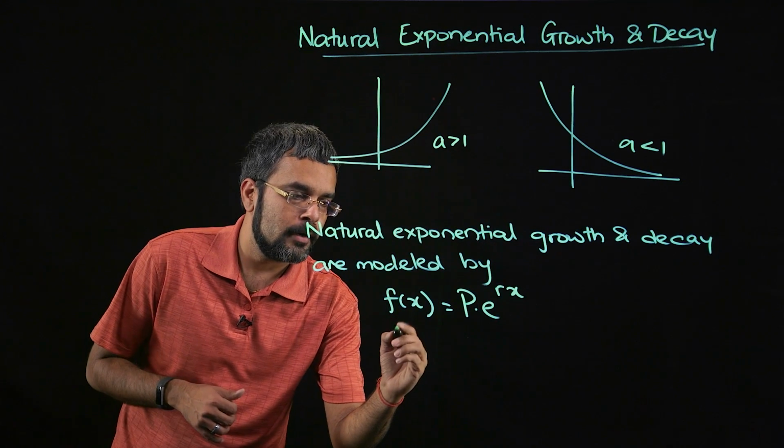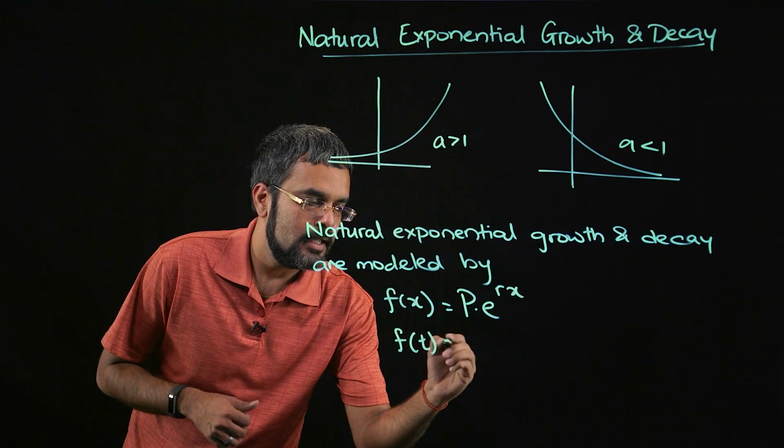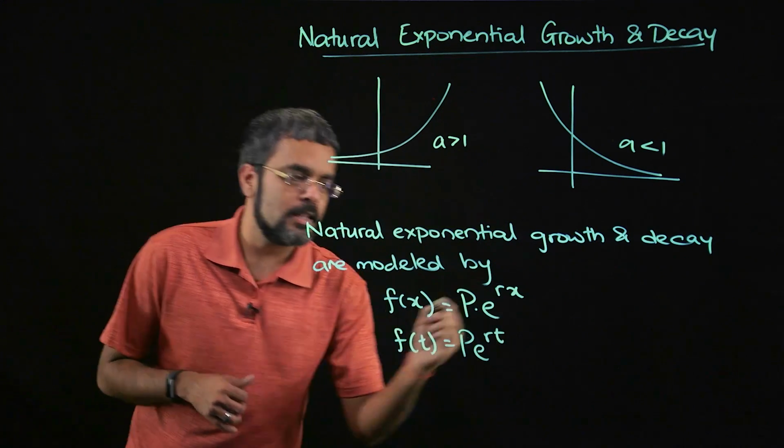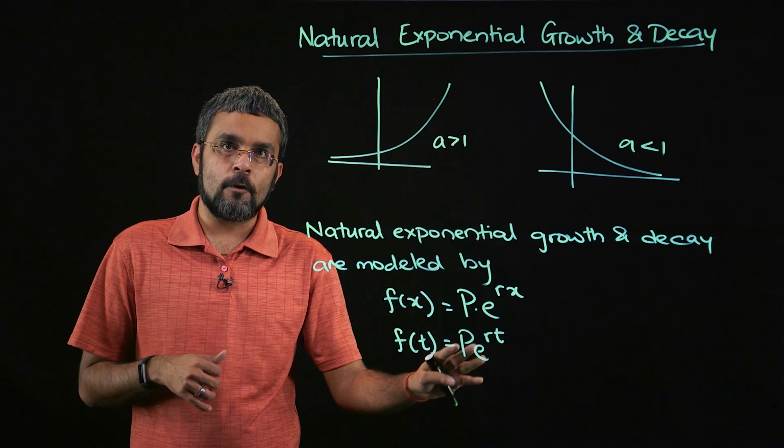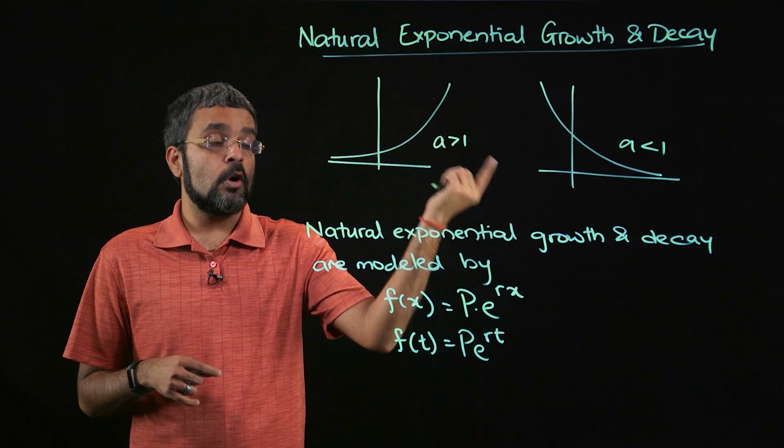Or if you want to just think about it as f(t) = pe^(rt). So just think about your compounded continuously formula, right? And that's the same formula you're going to use for exponential growth and decay.